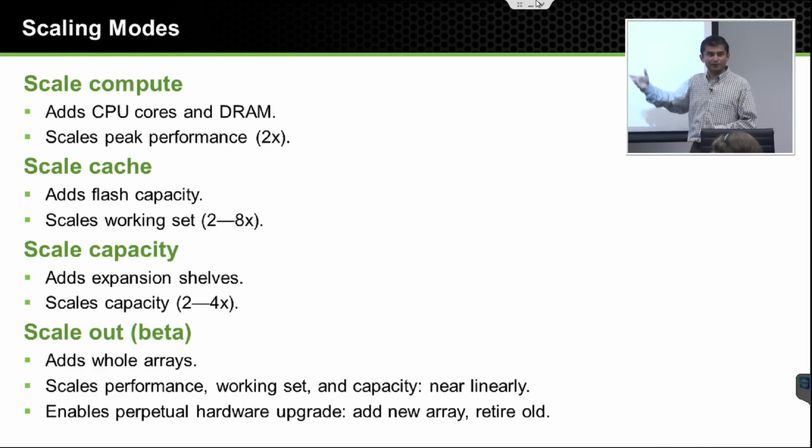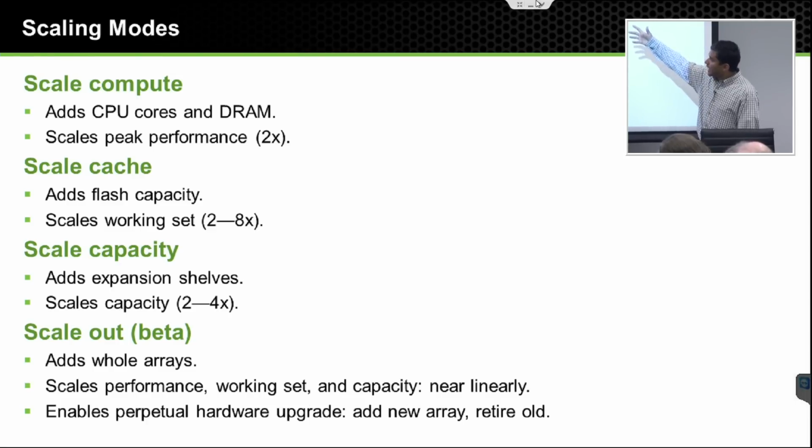The customer can replace the flash drives in the system with higher capacity flash drives. And here, today we scale by a factor of 2 to 8x. But this is just a matter of how high the capacities go up to. So as flash drives become available in higher capacities, this will continue to go. And then the traditional form of scaling, which is to add expansion shelves, which allows us to scale the capacity of the system.